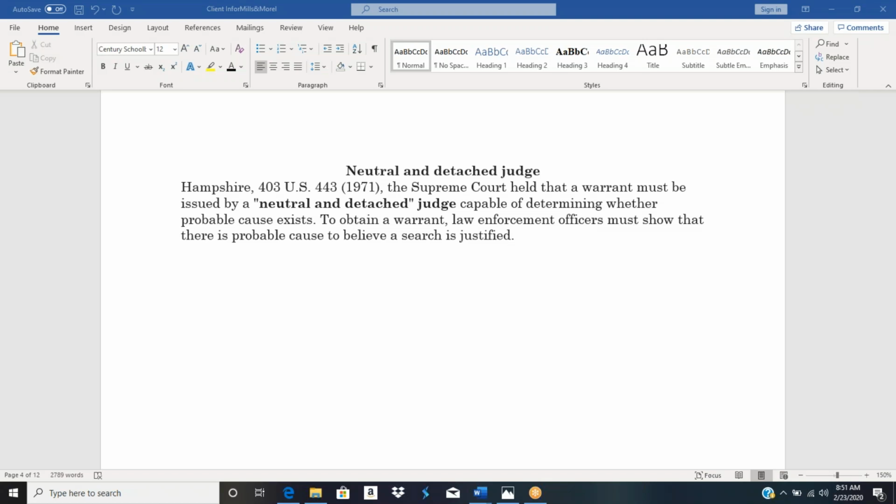So you want to make sure that when you file your motion, when you file your demands, and you get your court date, that judge is a detached and neutral judge.